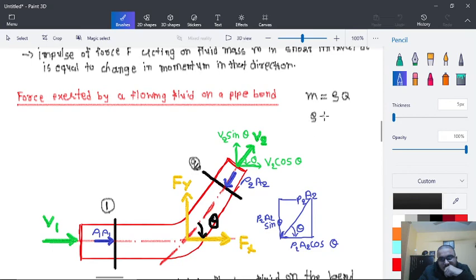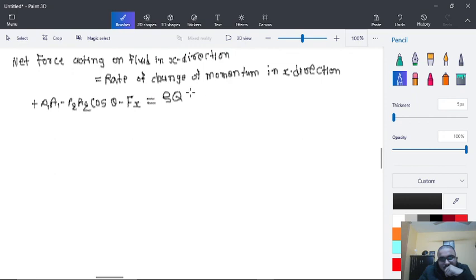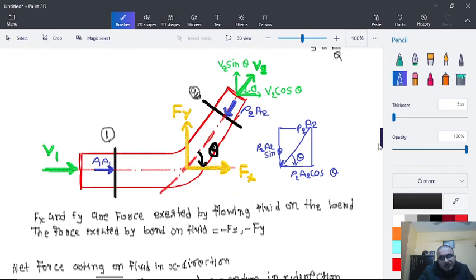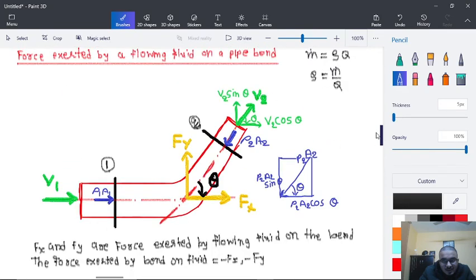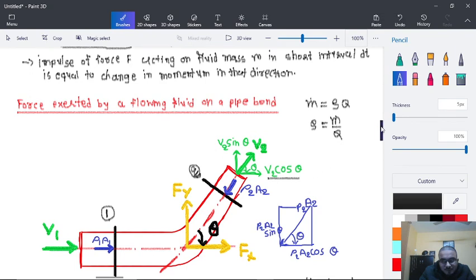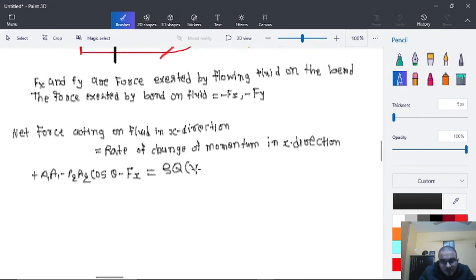The change of velocity is final minus initial; the final velocity is v2 cos theta in the x direction, minus the initial velocity v1.